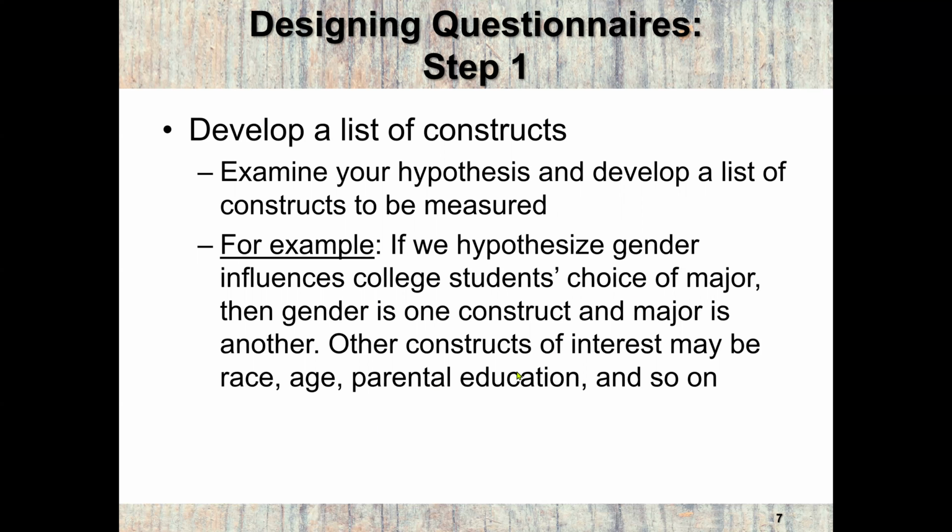So it's very important that the first step in designing a questionnaire is to come up with a list of constructs. And this is a very nice example. We said, okay, there's a possibility that gender may influence the college students' choice of major. So if this is the case, we may come up with a construct based on, again, the gender first, male and female, and also the type of majors.